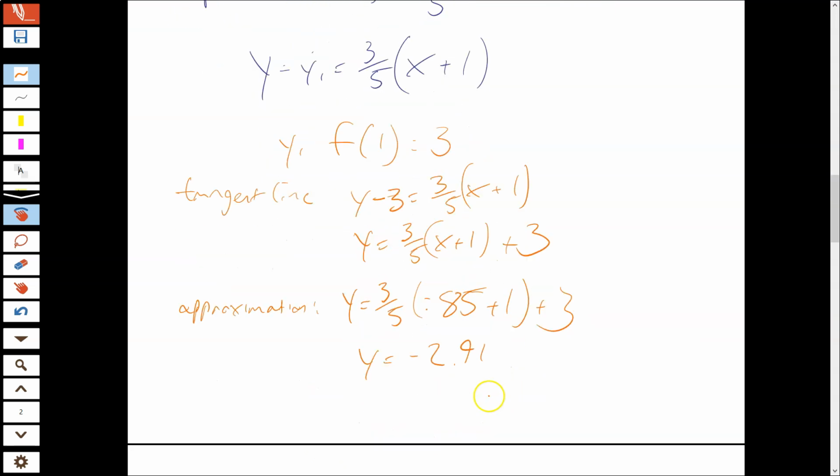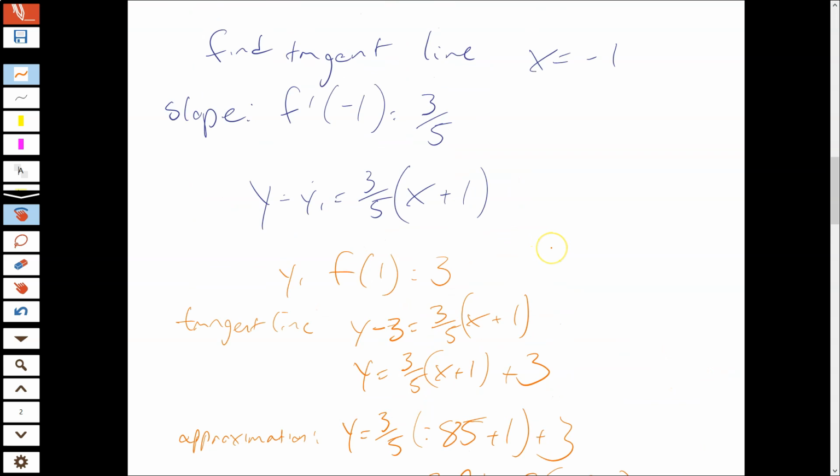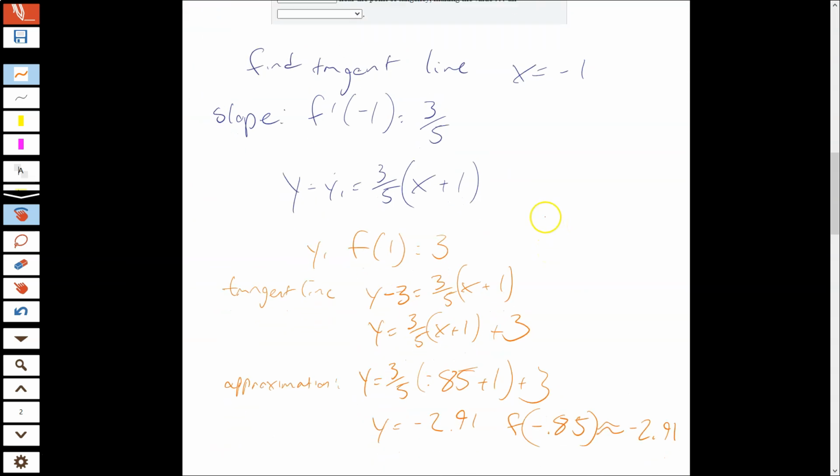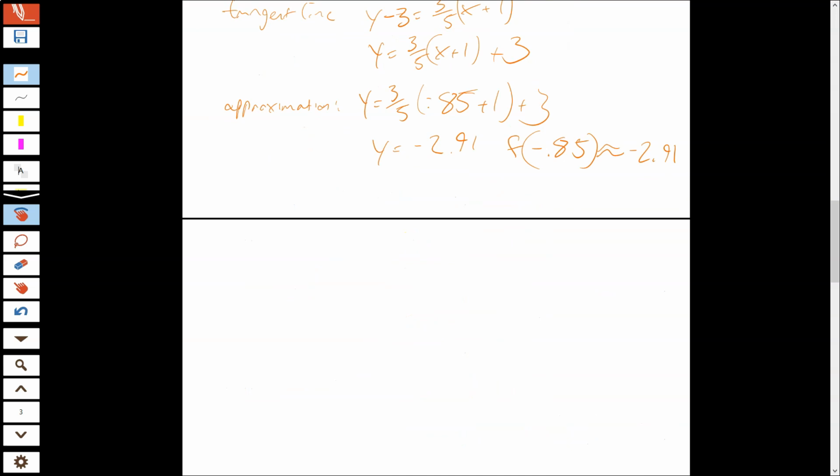Okay, so we'd say f of -0.85 is approximately -2.91. Okay. So we did all of that in the last lesson. So make sure you pause and reflect on whether you followed that or not. You should be good at it by now, though. All right, moving right along here.